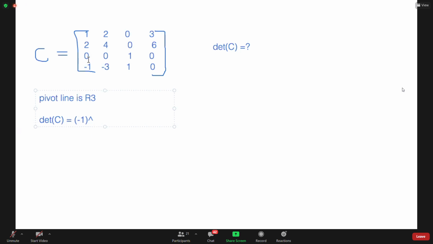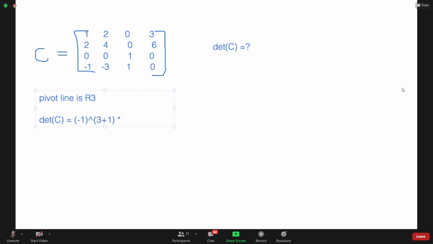Since I'm working on the third line, these are going to be the indices 3,1, 3,2, 3,3, and 3,4. These are the positions of my elements. So these are the powers to which I'm going to raise my -1. The first power will be -1 to the power 3 plus 1.